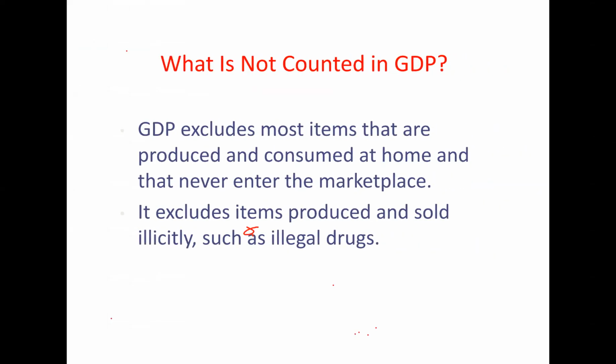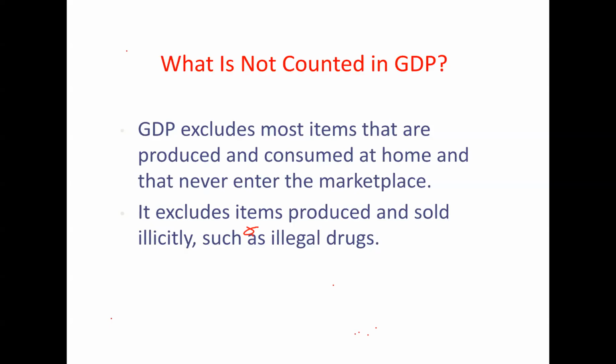Okay, let's look at what is not included in the GDP. GDP excludes items that are produced and consumed at home and never enter the market. I'm sure you will realize these are some of the weaknesses of GDP. It does not include the services and goods produced at home. For example, if you are working from home, you produce your own things and you don't take them to the market, those things will not be captured.